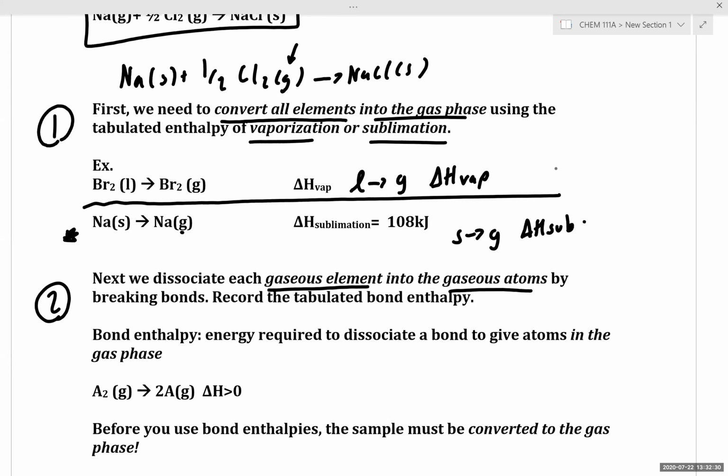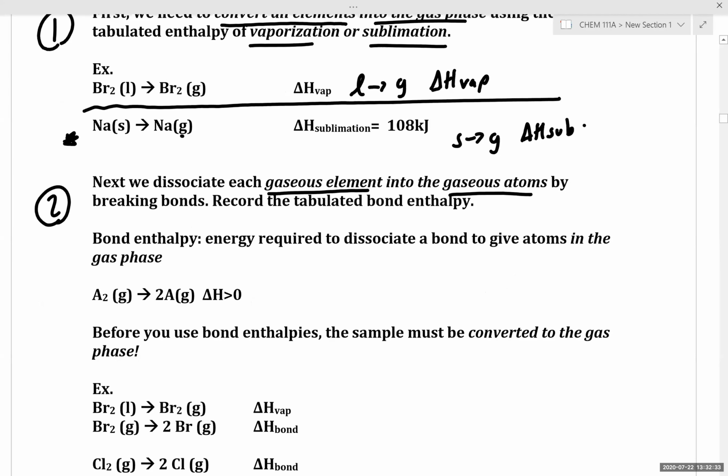Okay, so bond enthalpy, in order to actually go from gaseous elements to gaseous atoms, we need to use our bond enthalpy, which is the energy required to dissociate a bond to give atoms in the gas phase. So we're breaking a bond in the gas phase. And this is important.